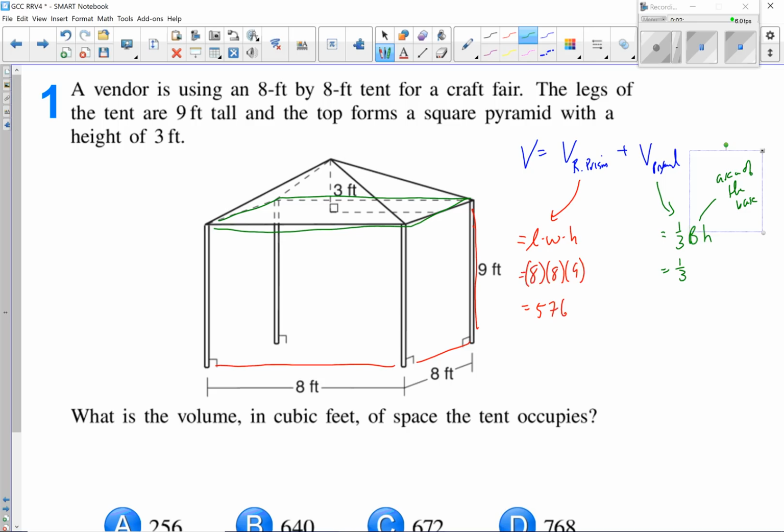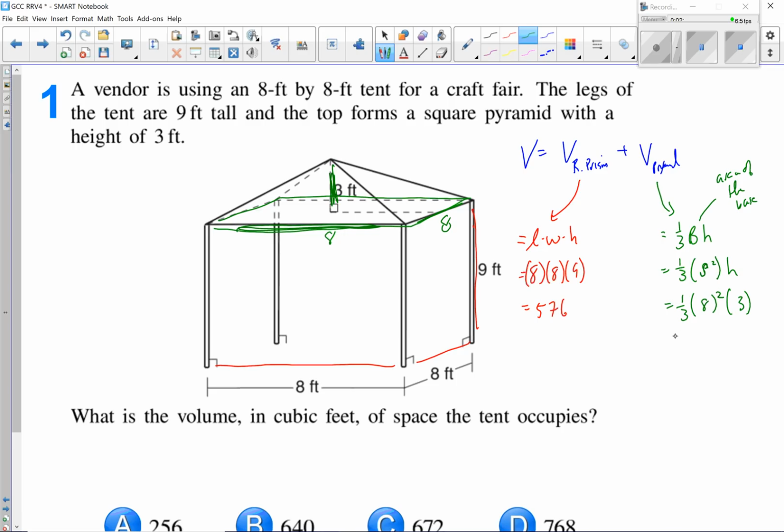So I'm going to say s squared for the side, and then whatever the height of the pyramid is. This is the same as down here because it's a rectangular prism, so that's 8. The width of the base is also 8. Since it's a square, we have 1/3 times 8 squared, and the height, which in this case is 3, because that's this part up here.